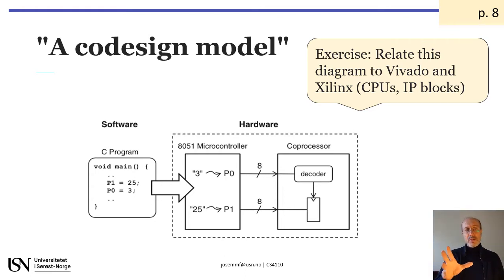But in this case, what I want you to envisage is that the hardware model must include the microcontroller, its coprocessor, and the interconnections among them, while the software will of course correspond to the program written in C, which will be compiled into 8051 machine code.